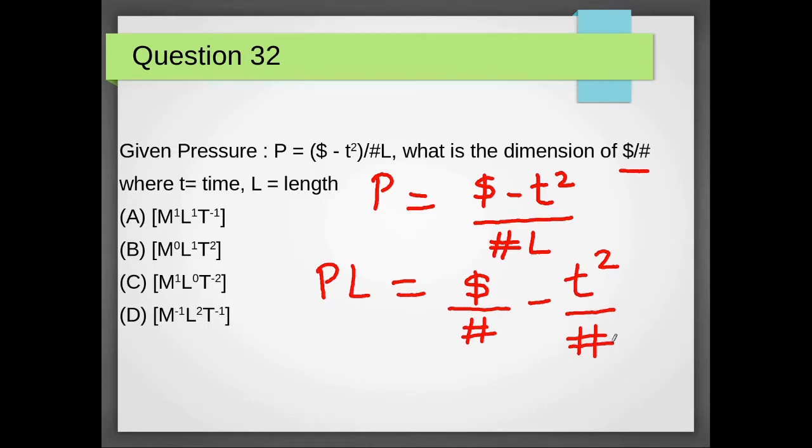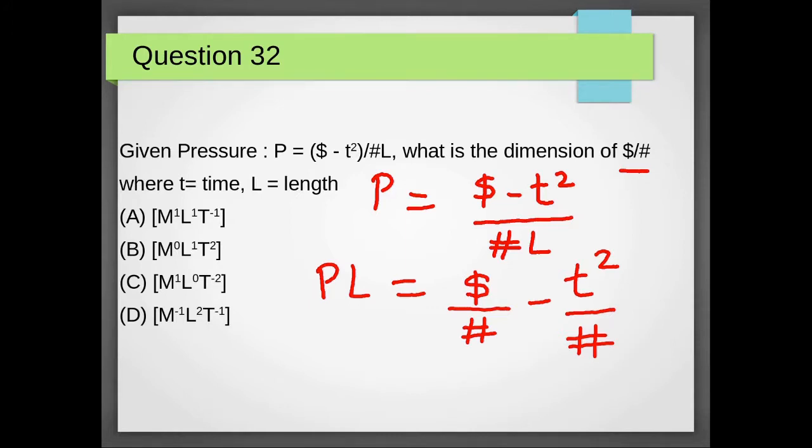Now you can recall that the dimension of PL on the left hand side should be individually equal to the dimension of α by β and individually equal to the dimension of t square by β. So let's find the dimension of PL, which will be our required answer, which will be equal to the dimension of α by β.